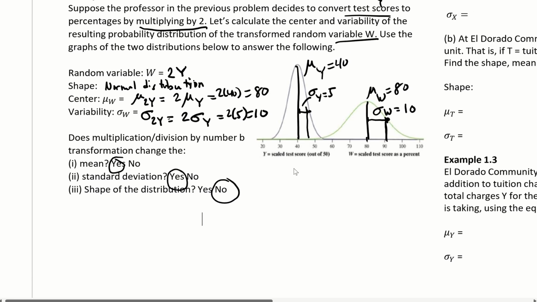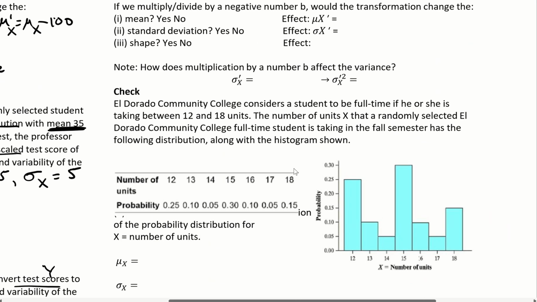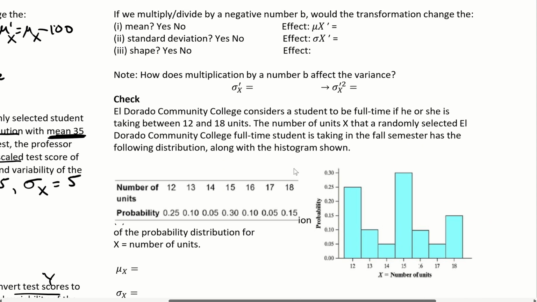Okay. So what happens if we multiply by a negative number or divide by a negative number? Would the transformation change the mean? Yes, of course. So we're going to say a negative number, but it could be positive or negative, whatever, right?